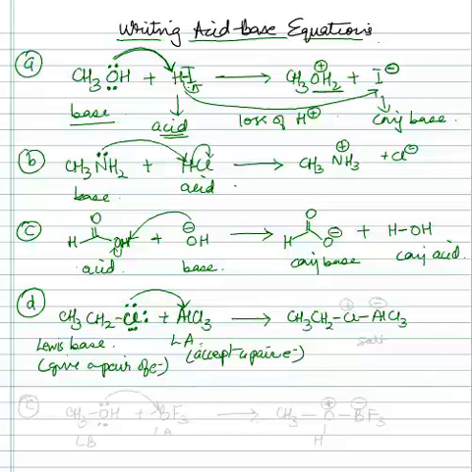So now you have this really weird looking structure, and this is the problem with Lewis acid-base reactions, because it doesn't look like a normal acid-base reaction. But because aluminum has accepted electrons, you have to put a minus, and because chlorine has given electrons, it gets a plus sign. So this is the salt that we get.